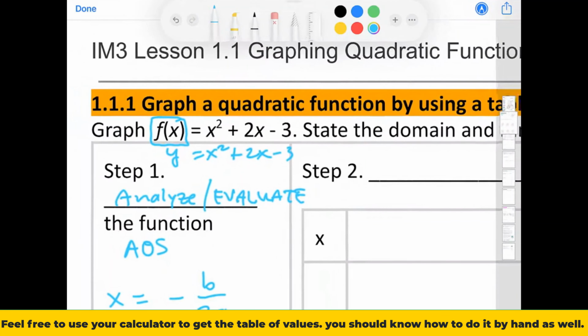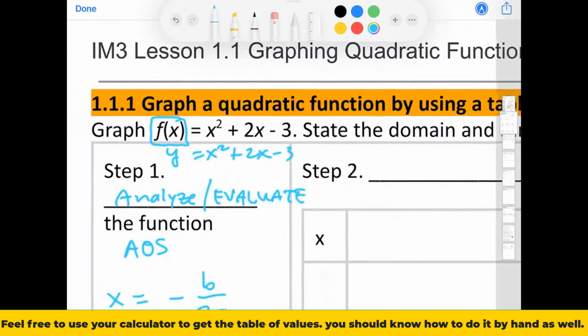Okay, let's go ahead and find the axis of symmetry. So I'm going to have x equals my b value, which is 2, will go here. And then my a value, which is 1, is going to go right there. Now, pay attention.